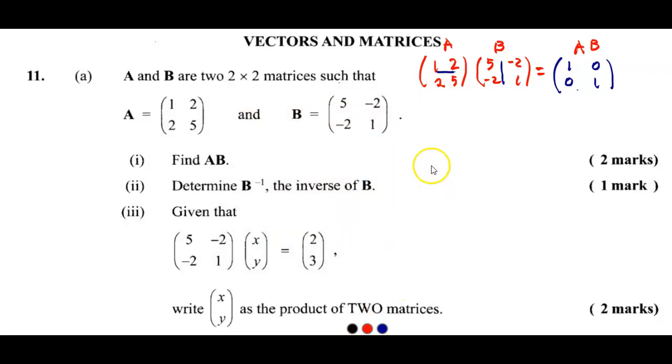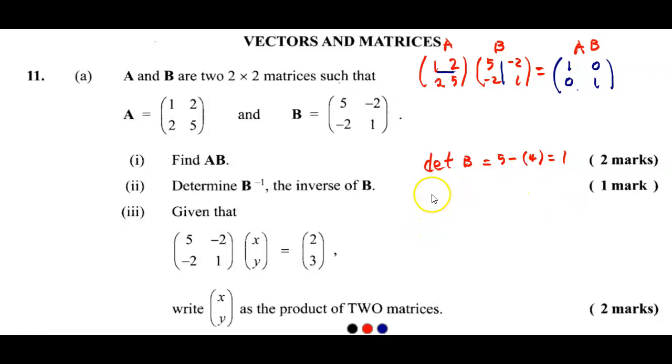So we have the determinant of B. The determinant would be the product of the elements in the leading diagonal, so 5 times 1, that's 5, minus the product of the elements in the non-leading diagonal. So the non-leading diagonal here is this one. So minus 2 times minus 2, that's positive 4. So the determinant is just 1.